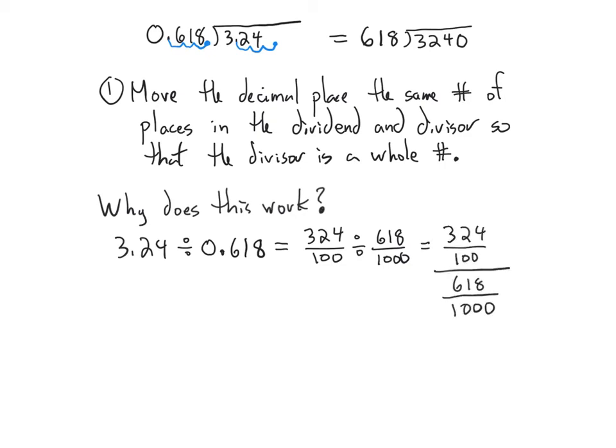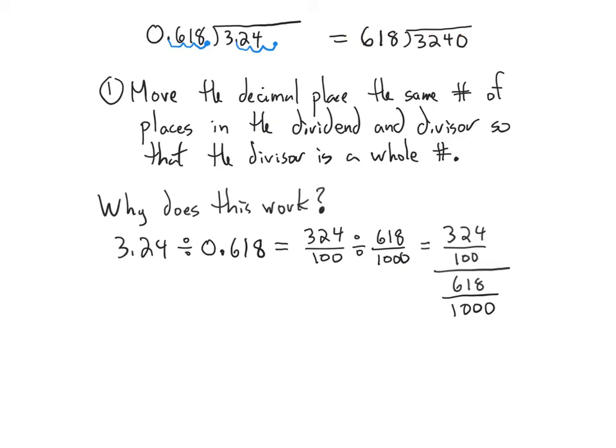I know this looks kind of weird, but it still makes sense. So what we want to do is convert this to a problem where the divisor has no fraction down here. Then we can do long division however we like up here.